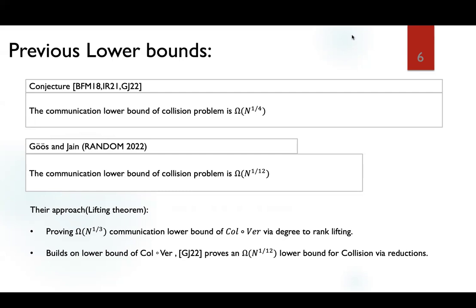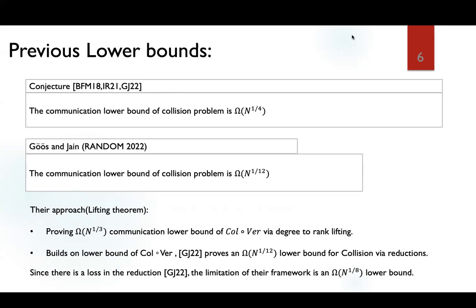Then, building on the lower bound for the lifted function, they prove a lower bound for collision problems via reductions. Since there is a loss in the reduction, their framework can't prove the tight lower bound for the collision problems.